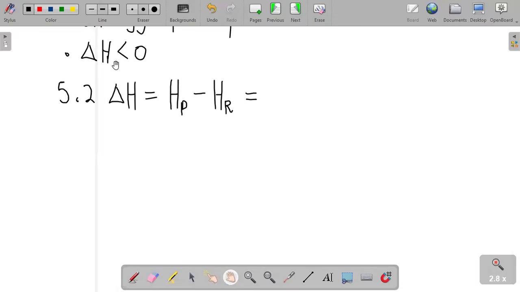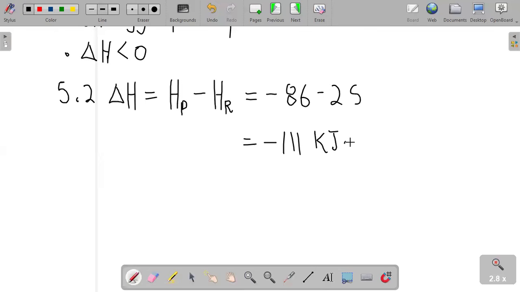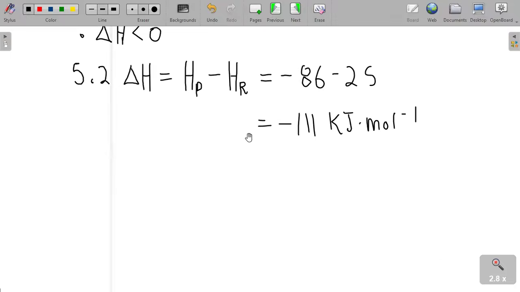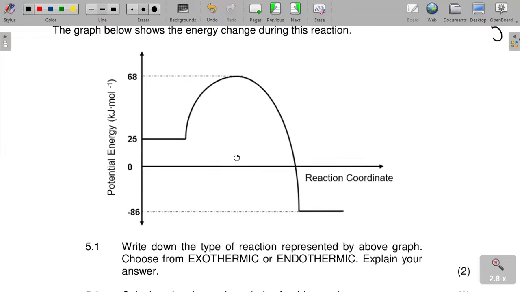So it's going to be negative 86 minus 25, which is negative 111, and the unit is kilojoules per mole. That's what they gave us here.